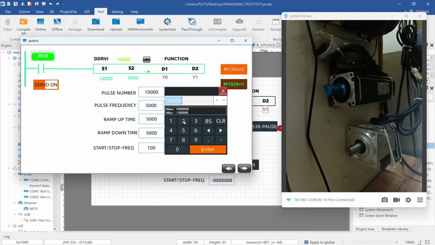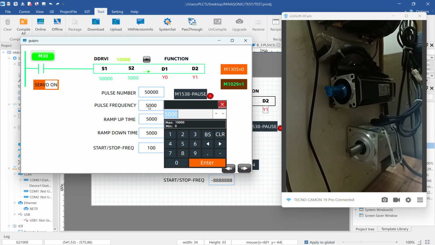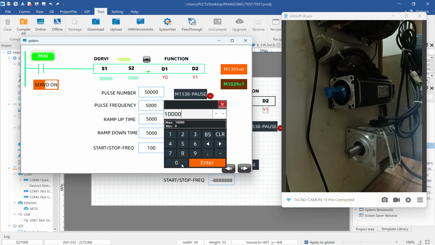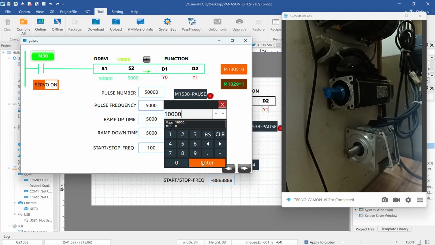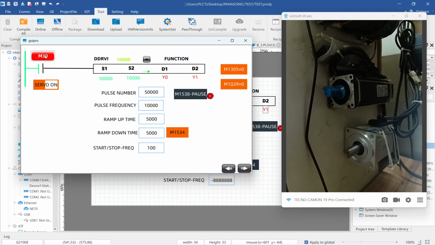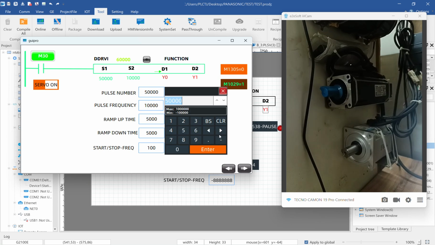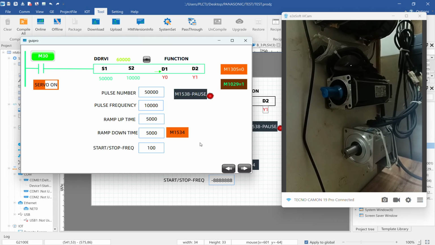I will give more pulse number, and speed I will increase also to maximum. Okay, yes, 10 kilohertz. I come back to 0 position.